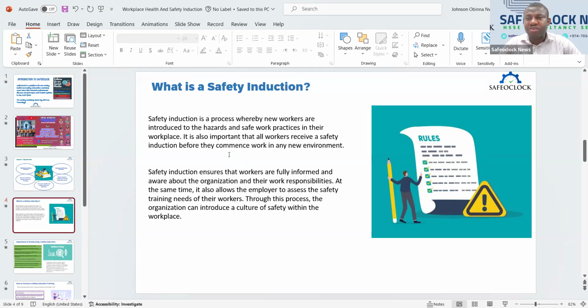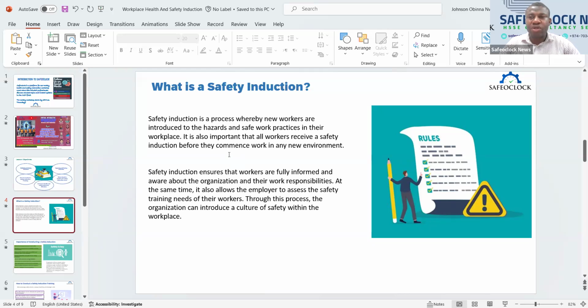That is what we refer to as health and safety induction. So that process, that time that it takes for a new employee to get the adequate and the relevant information that he needs for him to work safely and remain safe in that work environment, that is what we refer to as safety induction.